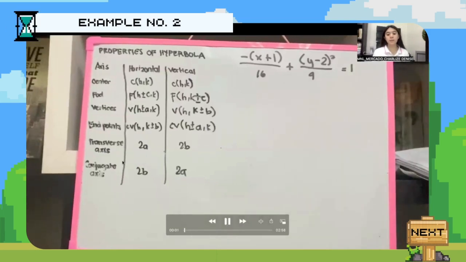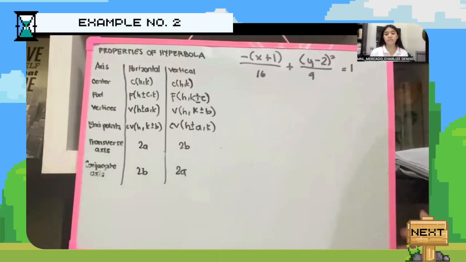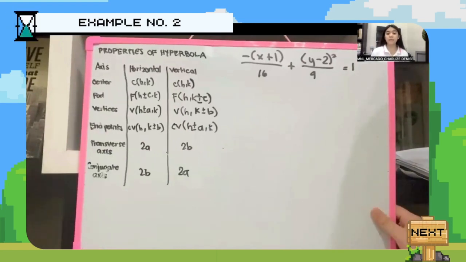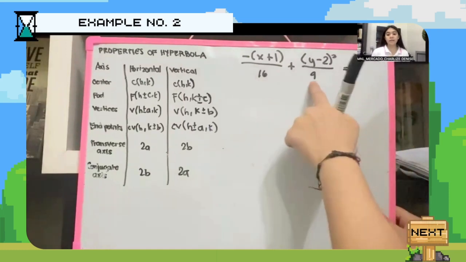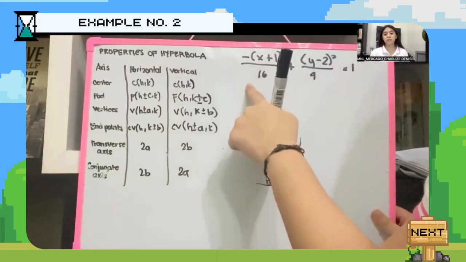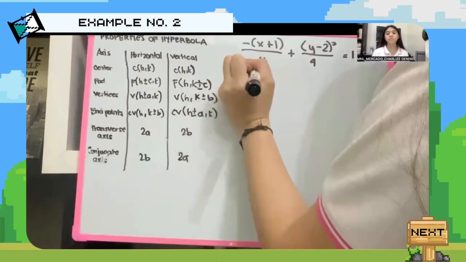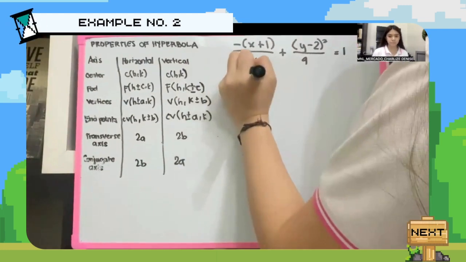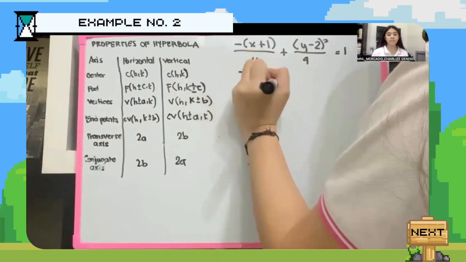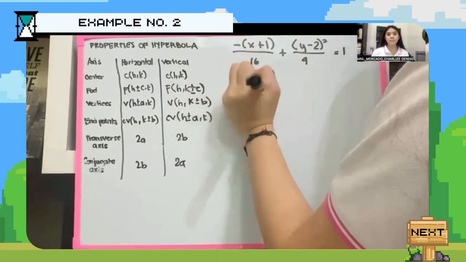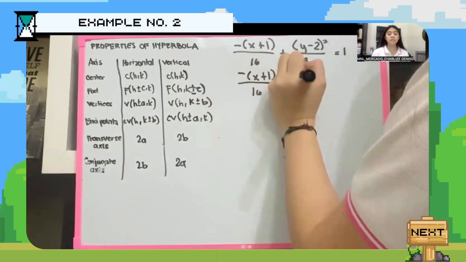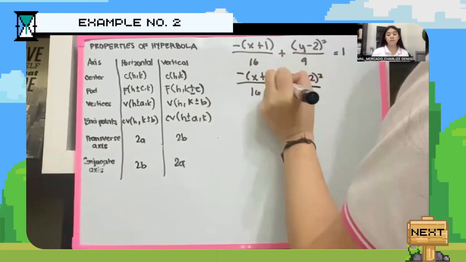So the next example is negative x plus 1 squared over 16 plus y minus 2 squared over 9 is equal to 1. In this given example, we will transform this standard form to the general form of a hyperbola. The first step is to find the least common denominator, or the LCD.